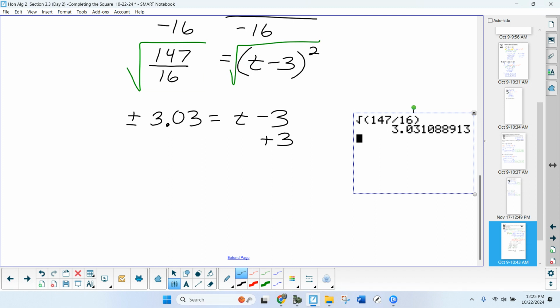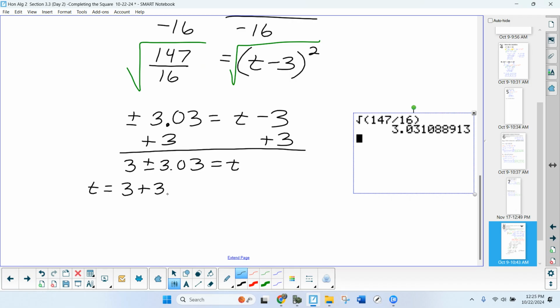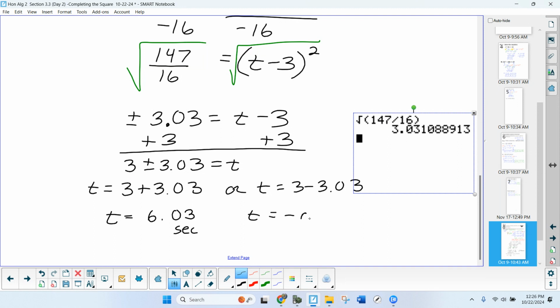Now, this is where I've always told you, what do you put out front? 3 plus or minus 3.03. So t is either 3 plus 3.03 or t is 3 minus 3.03. What's this time? 6.03. What's this time? Uh-oh.